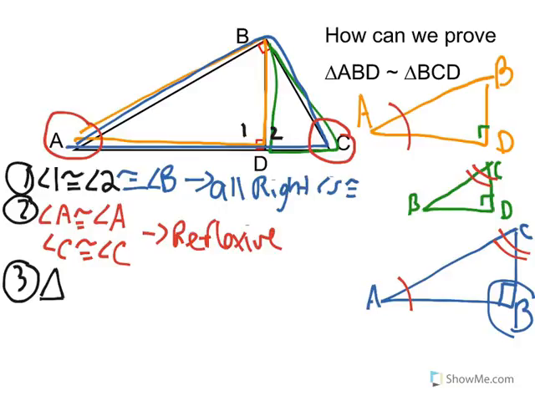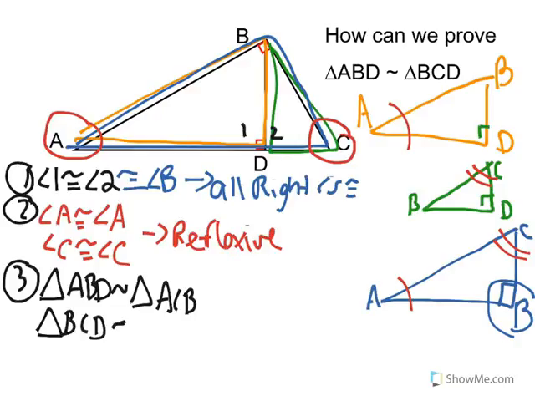So I can say that triangle ABD is similar to triangle ACB, and I can say that triangle BCD is similar to triangle ACB. Those are both by angle.